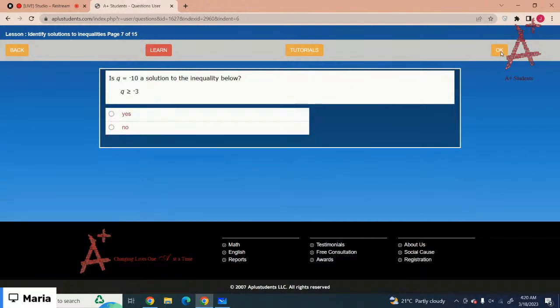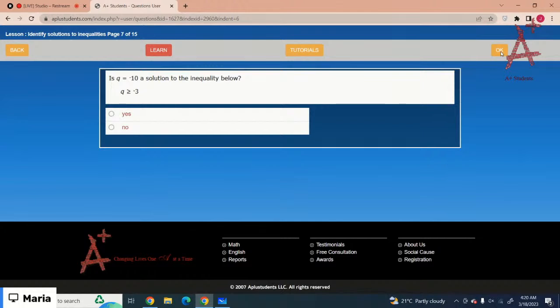Okay, is q equals -10 a solution of the inequality below? -10 is greater than -3? Yes, it is greater. Got it.